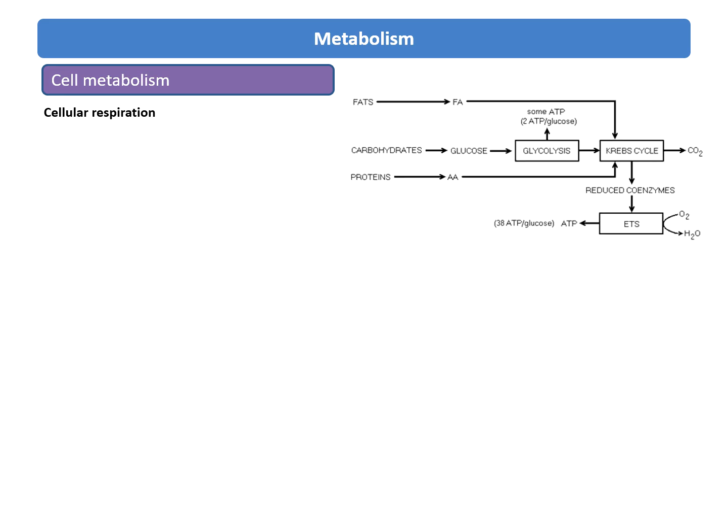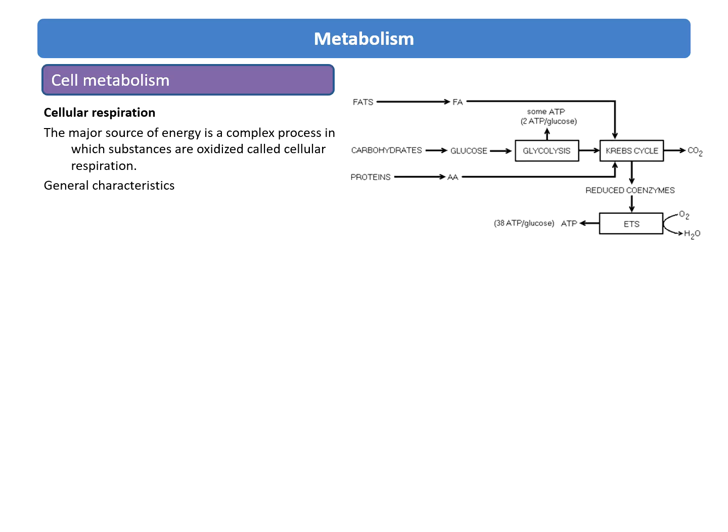Well, now we can look at cellular respiration. It's the major source of energy. It's a complex process in which substances are oxidized one step at a time, and we call it cellular respiration. Several characteristics of cellular respiration. One is its purpose is to generate ATP.